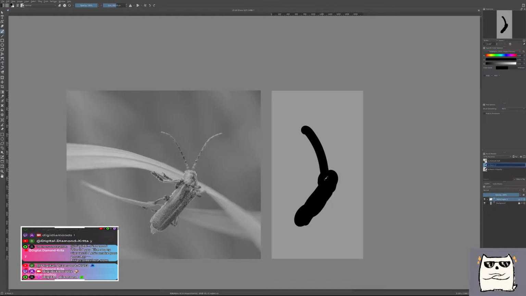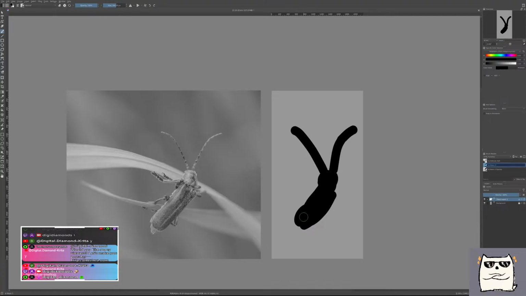I'm kinda curious to try and do a black background. Since the leaf, or not leaf, is that leaf or is it?